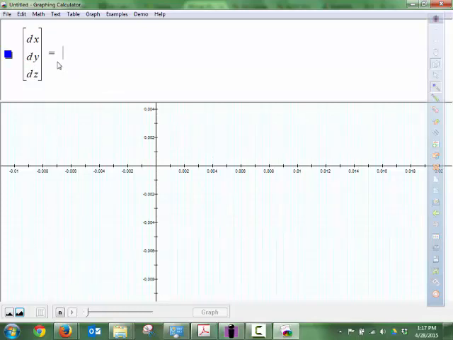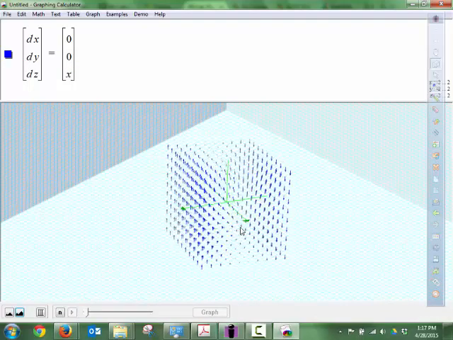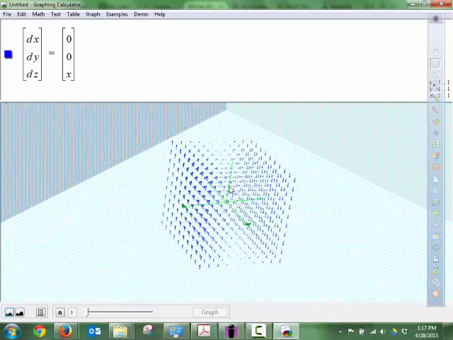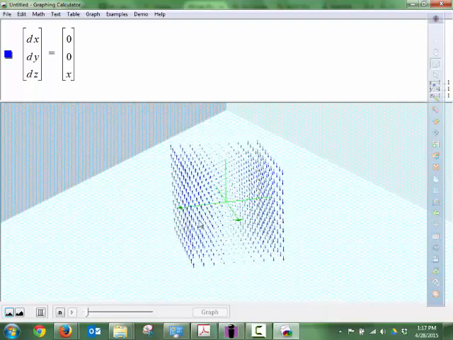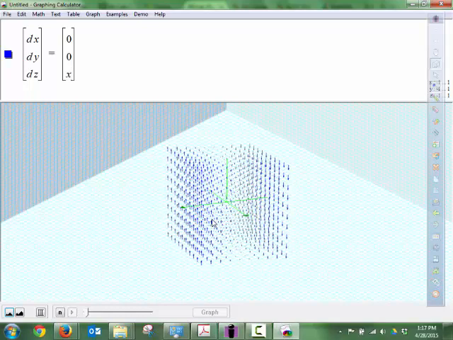Our graph is a little boring, but that's how it would look in 3 dimensions.